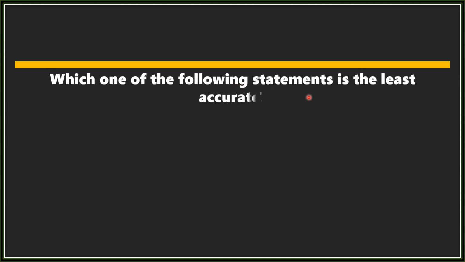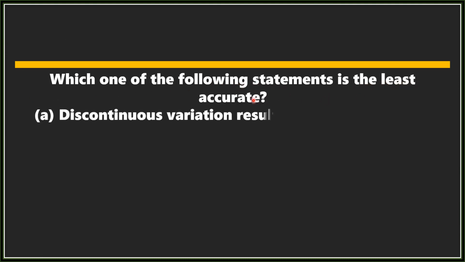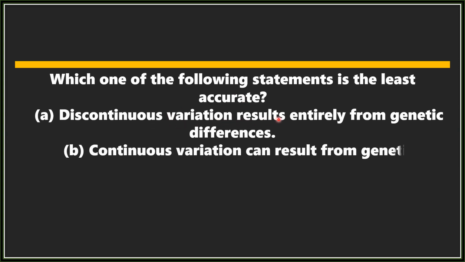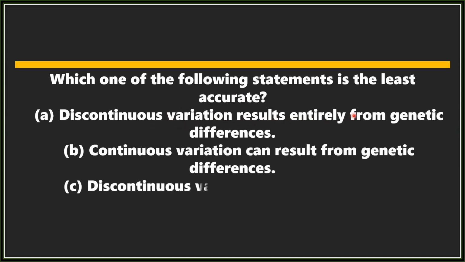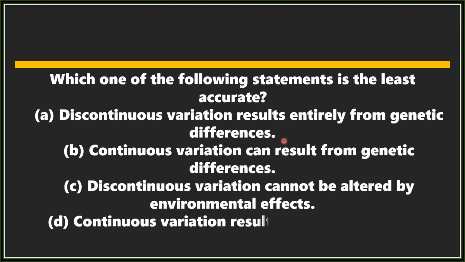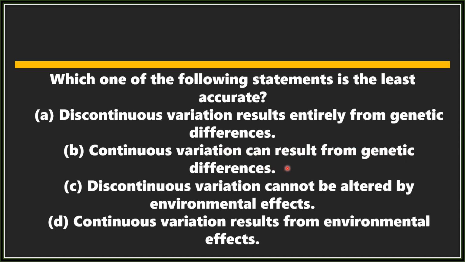Which one of the following statements is the least accurate? Discontinuous variation result entirely from genetic difference. Continuous variation can result from genetic differences. Discontinuous variation cannot be altered by environmental effects.